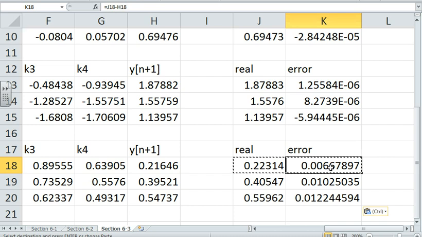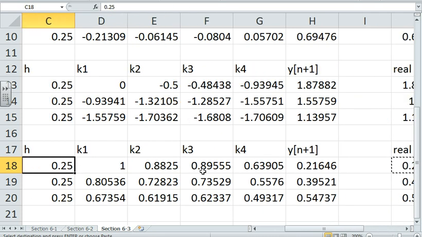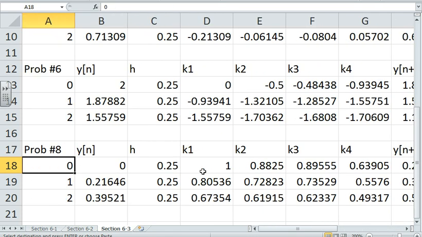J18 minus H18. That looks right too. So the only conclusion can be is that we muffed up the k's. We have to have muffed up the k's.